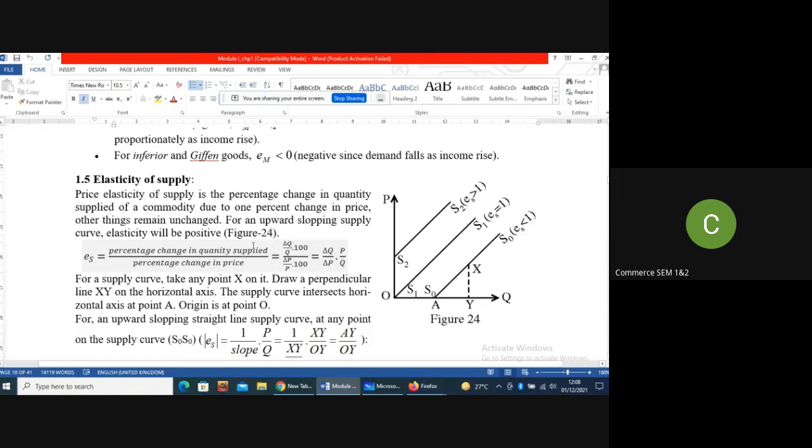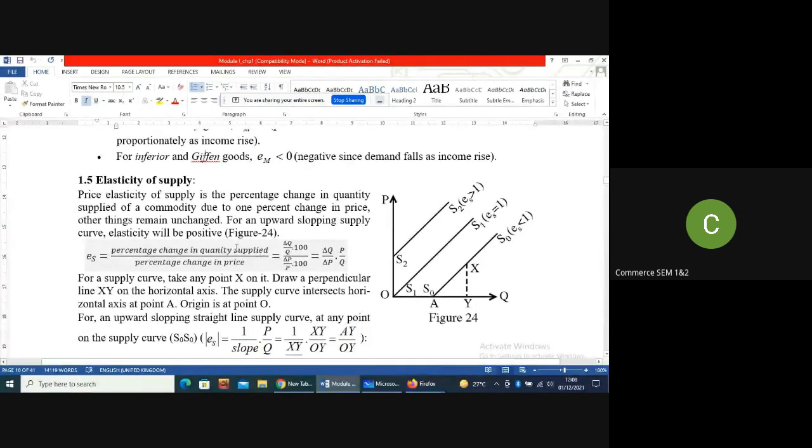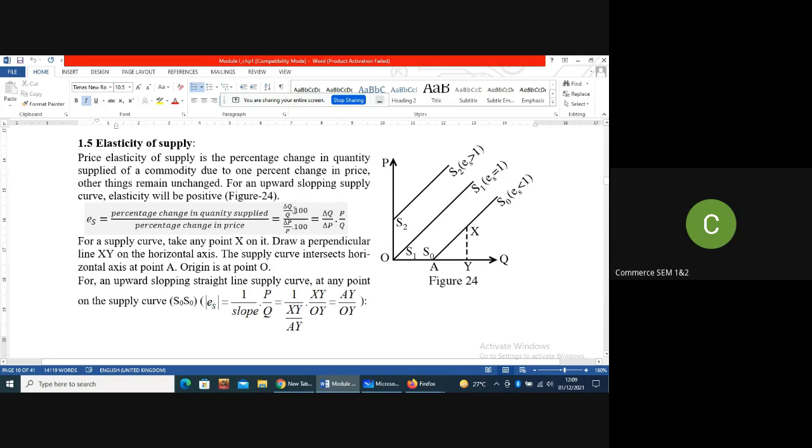Earlier it was quantity demanded, now this is quantity supplied. Below, the same percentage change in price. Fine. So here these Q's are representing quantity supplied. Earlier we said these Q's are quantity demanded. Fine. We have the same formula.